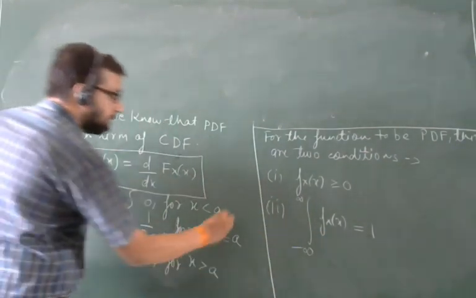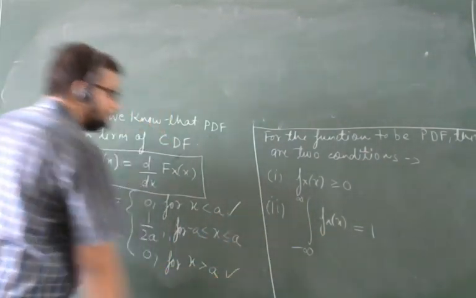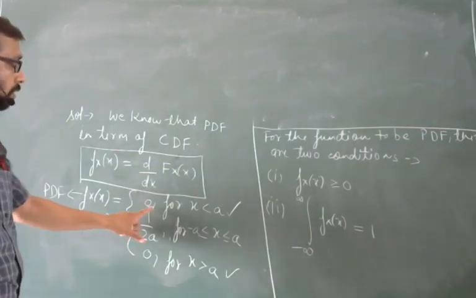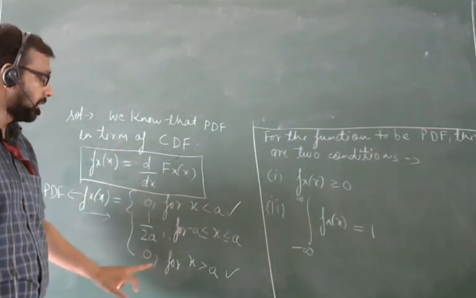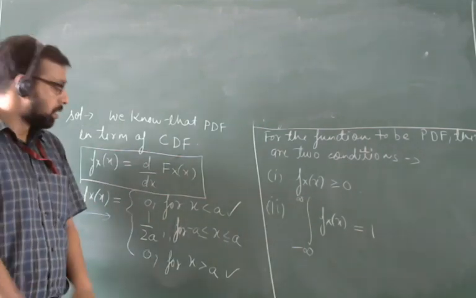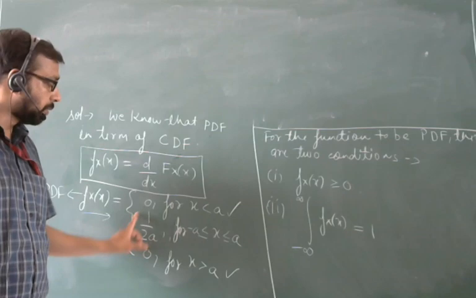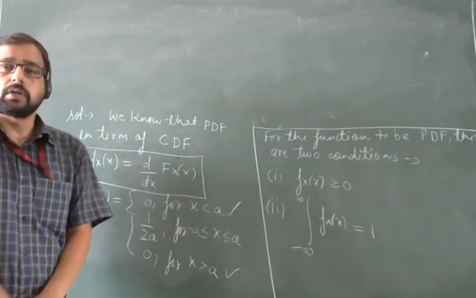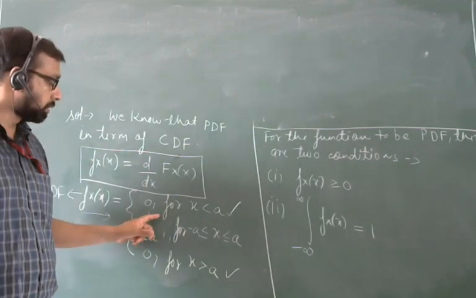Now if you take these relations, 0 for x less than a, and for x greater than a it is also 0, and this term 1 upon 2a does not depend upon x, means this is a constant quantity.